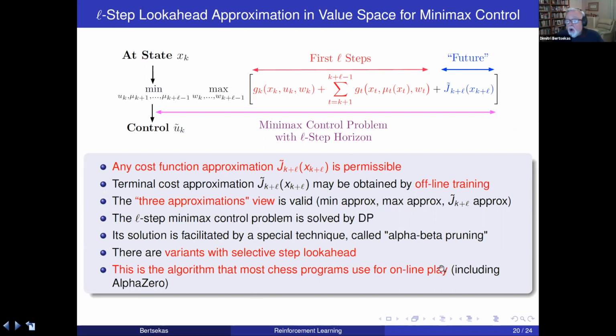They may do offline training to obtain this, but for online play, they use this type of algorithm. And so there's a lot of experience with this type of approximation in value space, particularly in the context of games. Okay. Now, rollout is a particular way of choosing this J tilde that uses a base policy. So let me go into that.